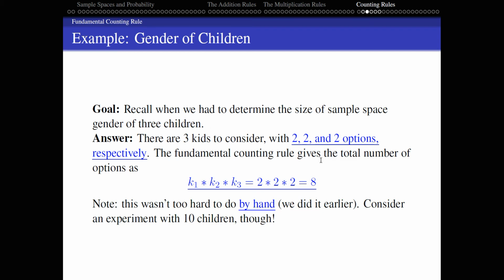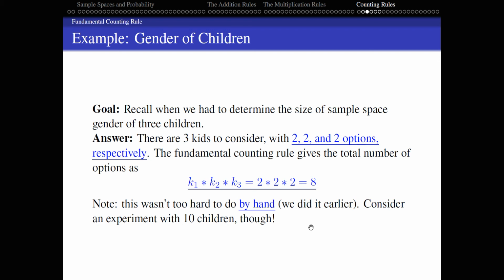This wasn't too hard to do by hand. I mean, we did it at the beginning of this chapter. But imagine if you had to do this for 10 children. Recall the tree that we made when we made these 8. Think about if you had to do this for 10 kids. This would be 2 times 2 times 2 for each of the 10 kids, so you would have 2 times 2, 10 times. That would be 2 to the 10th power, or 1,024 different options that you would have to write out.